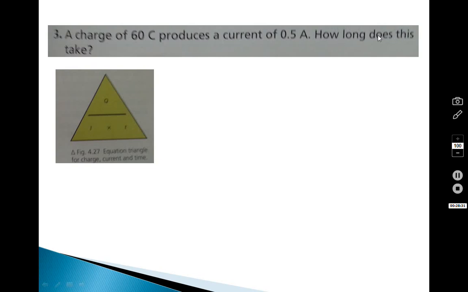It's a time. How long is the time? So we have the Q, we have I. We need to find what? T. T is equal to what? Q over I. It will be, the Q is 60, 60 over 0.5. Yes, it's easy. Try yourself.